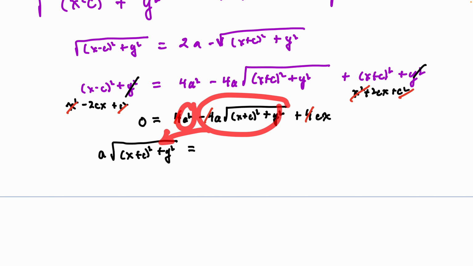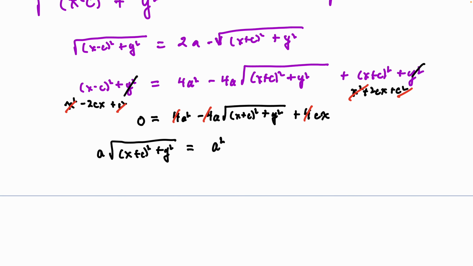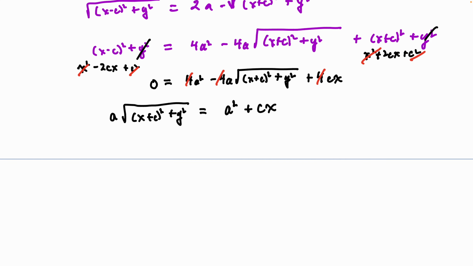Then I'm left with, on the right-hand side, an a squared and a cx. And just to keep things simple, let's divide through by a. And dividing through by a, leave you just with the radical on the left-hand side, and on the right-hand side we'll get an a and then a c over a on x.